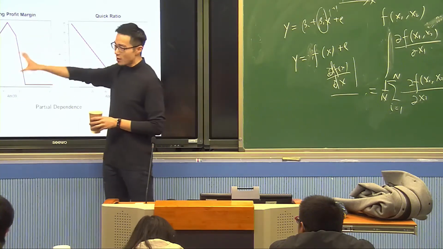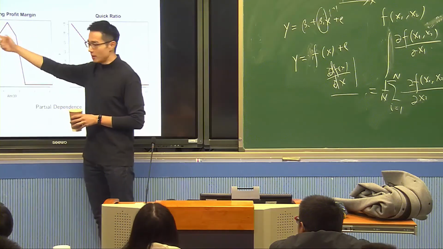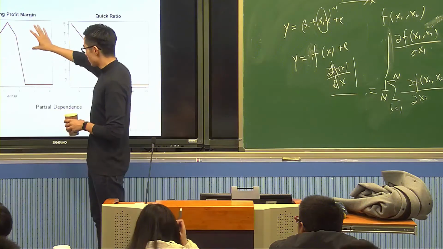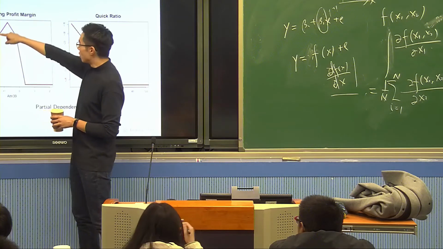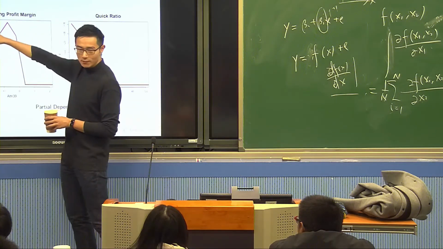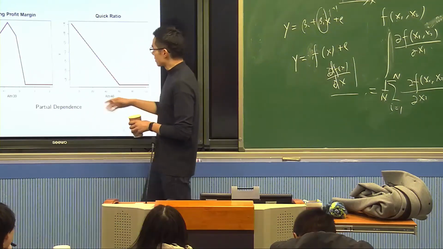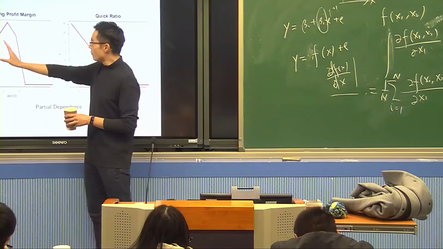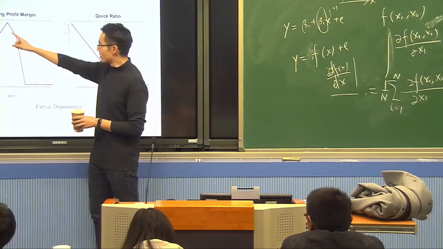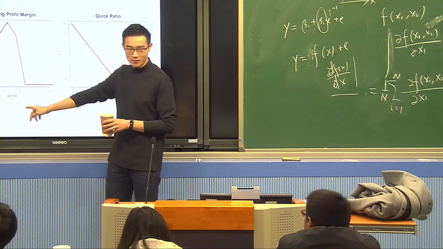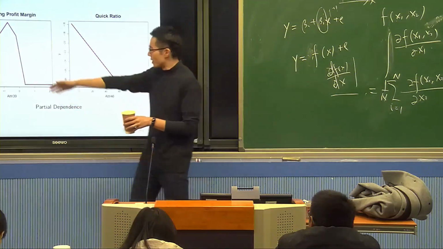Then we can do the partial dependence plot to figure out the relationship between these ratios and the bankruptcy probability. What this plot tells you is that as we increase the profit margin, the bankruptcy probability goes up at first, I don't know why, but then it goes down in this trend, with an abrupt drop-off. Once my profit margin goes from negative to positive, my bankruptcy probability suddenly decreases.